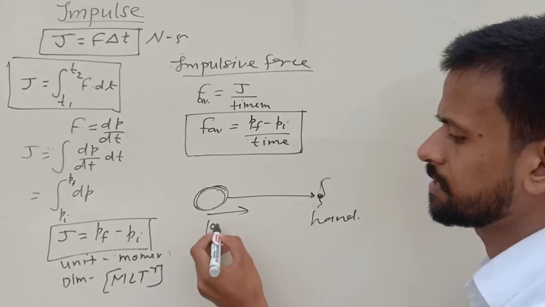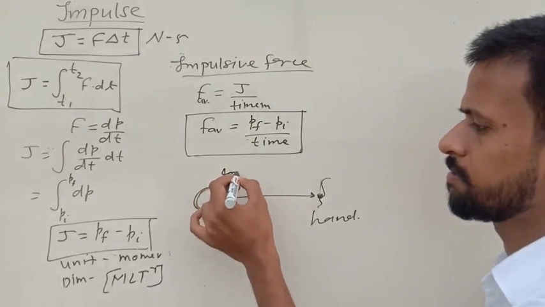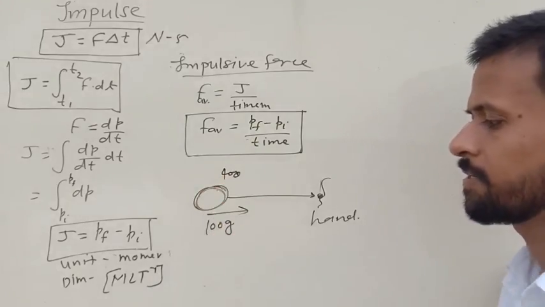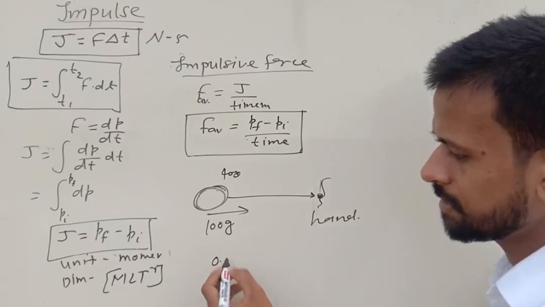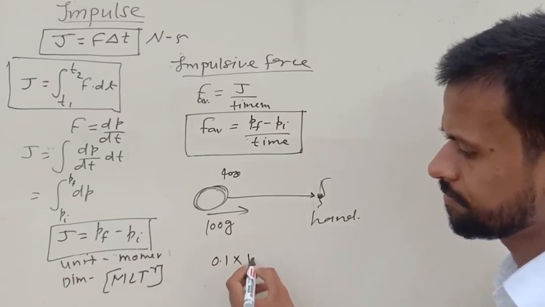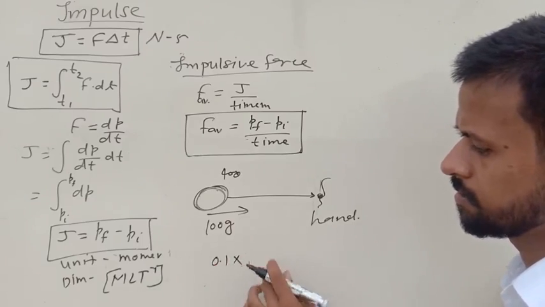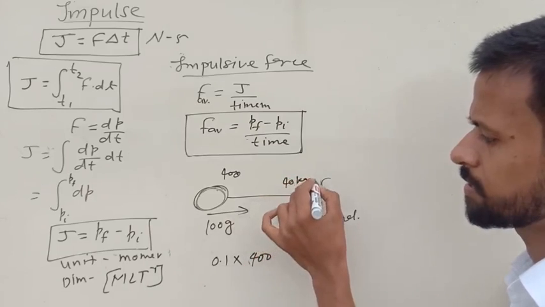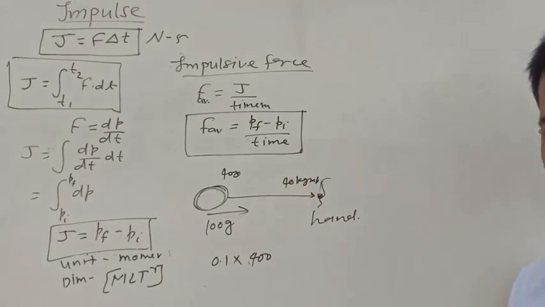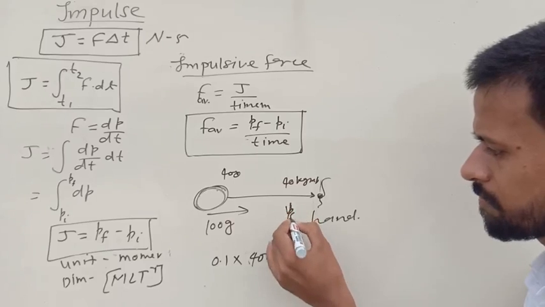Suppose the ball is 100 gram, and velocity is 40. Then what will be the momentum? This is 0.1 into 40, that is 4 kilogram meter per second. Its final momentum is 0.